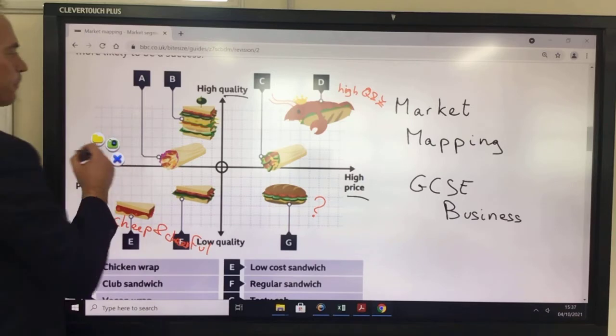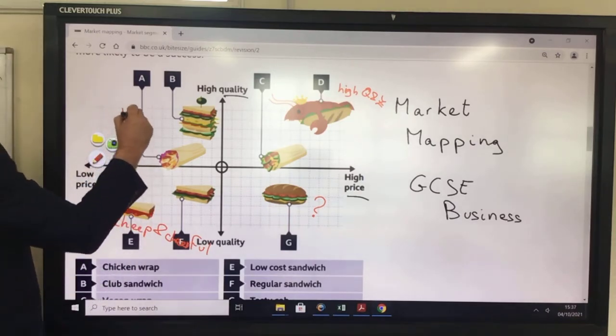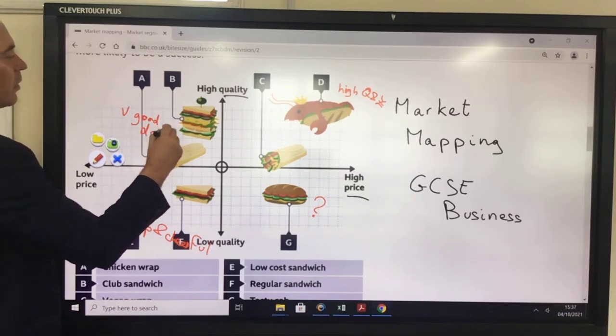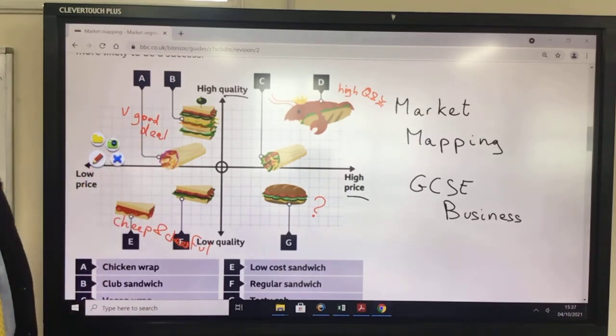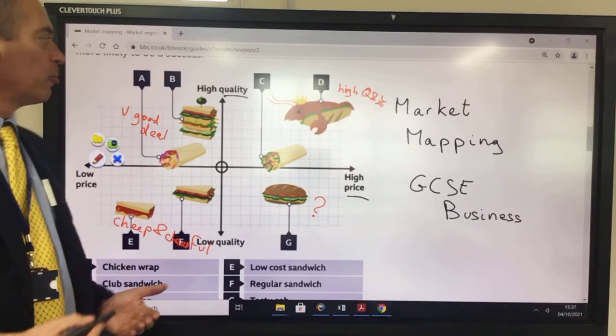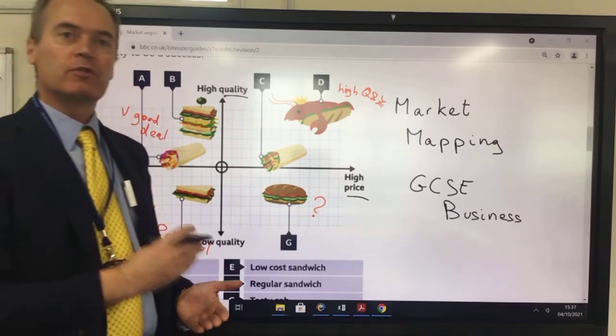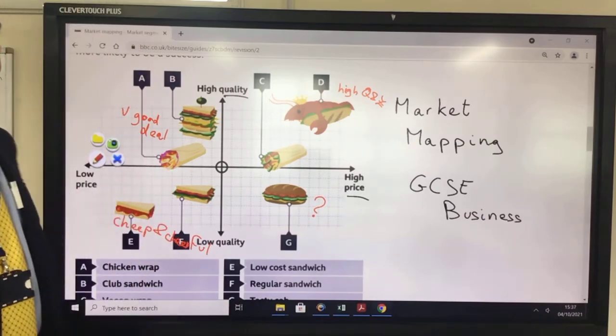Over here, this is a very good deal because you are getting a higher level of quality for the price you're paying. Typically, that's what a new entrant into a market does.